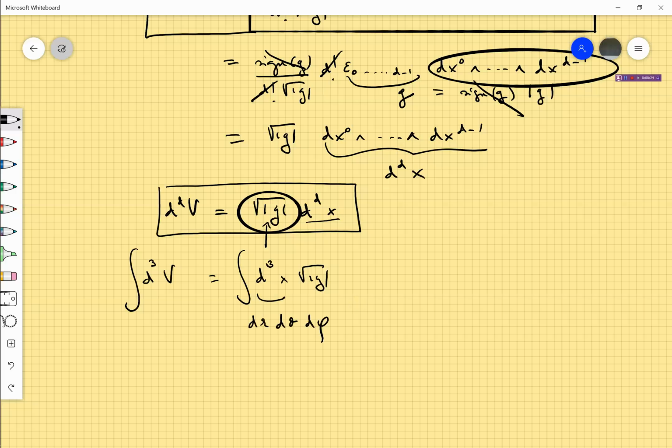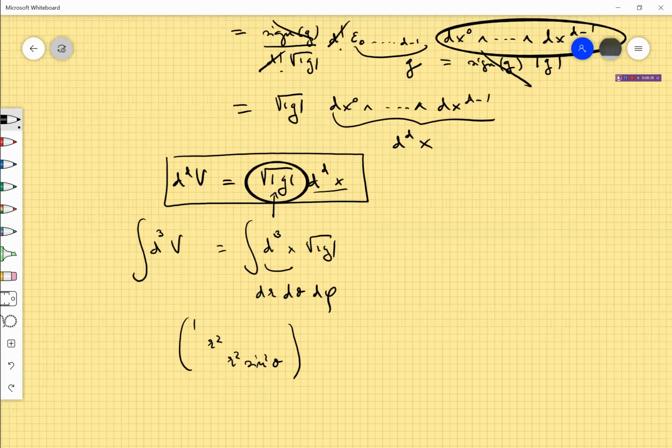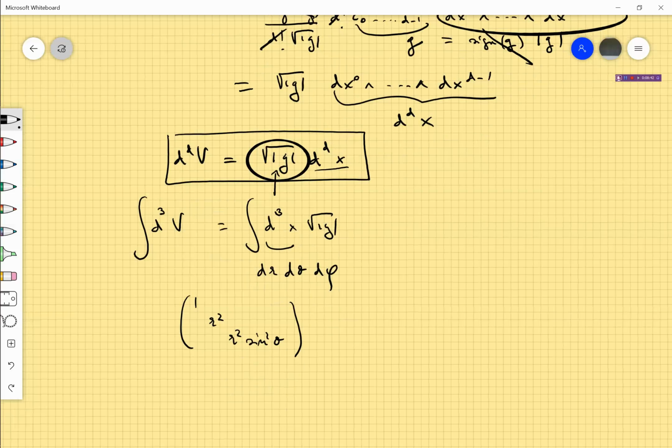The orientation just gives me a sign. And this square root of g is the square root of the determinant of a metric that, as we computed before, is 1, r squared, r squared sine squared of theta. Now if I multiply, I get r to the fourth sine squared of theta. So after I take the square root, this is just r squared sine theta.